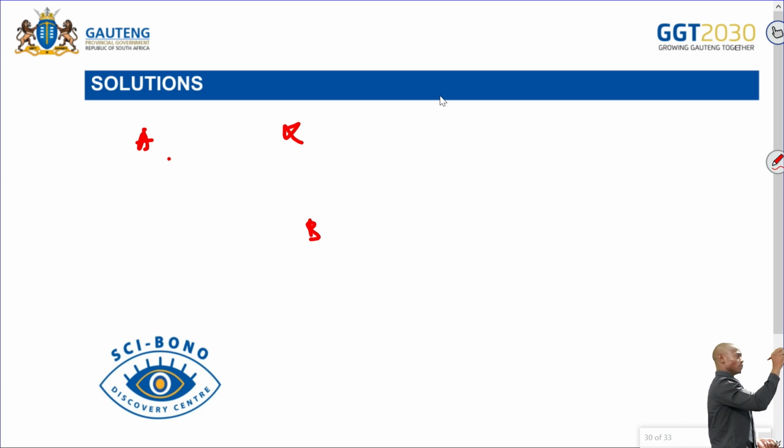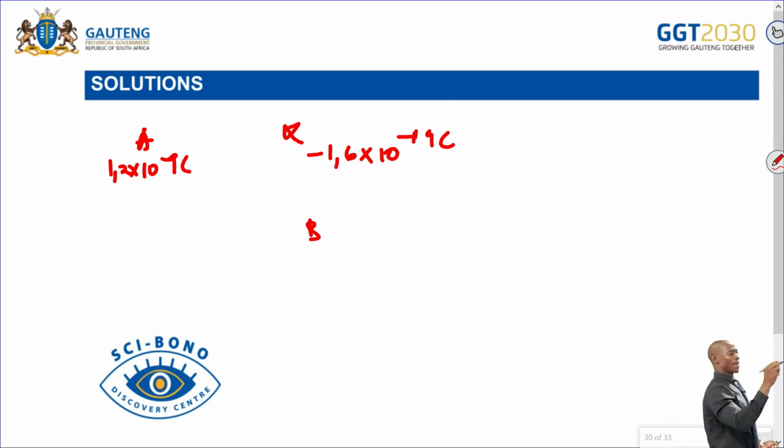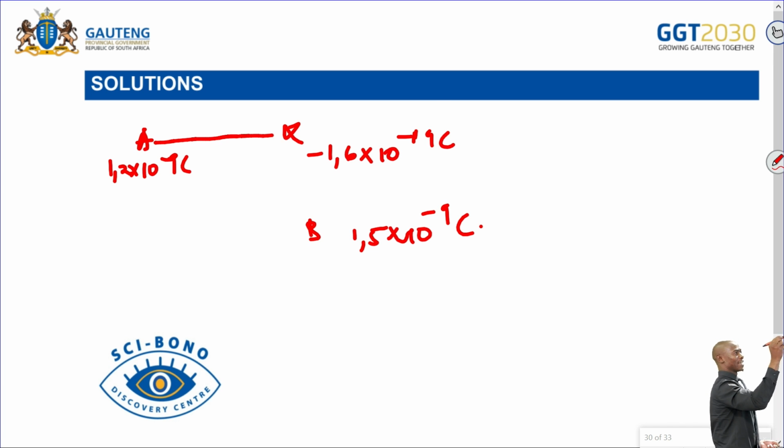Your A, 1.2 times 10 to the power negative 9 coulombs. Your X, negative 1.6 times 10 to the power negative 19 coulombs. And then your B, it's 1.5 times 10 to the power negative 9 coulombs. The distance here is 4 centimeters. The distance here is 1 centimeter, right?